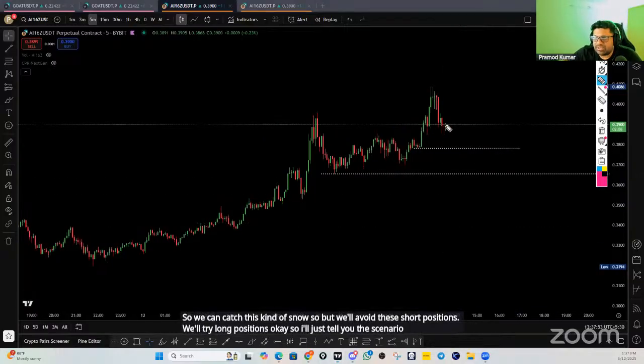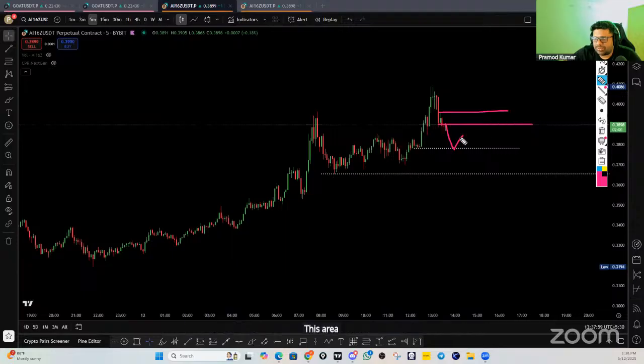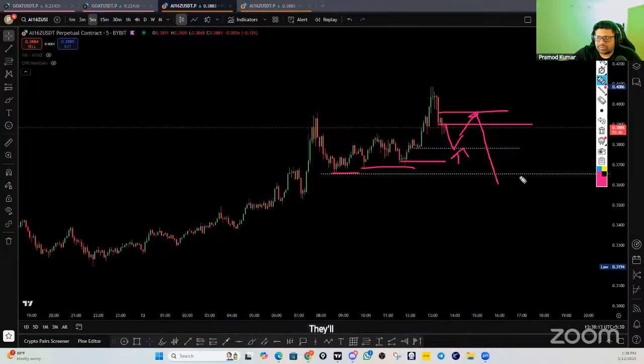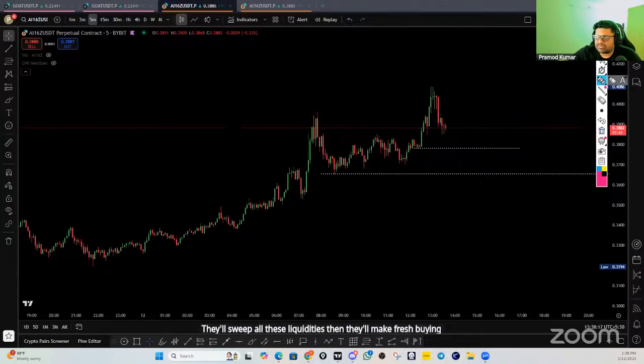If the market comes here, even if we see the wick, this area will be valid. Don't take any long positions before that. If you take a long position from here, the target will be only this, and from here they'll push down again. They'll sweep all these liquidities, then make fresh buying, maybe from this area.